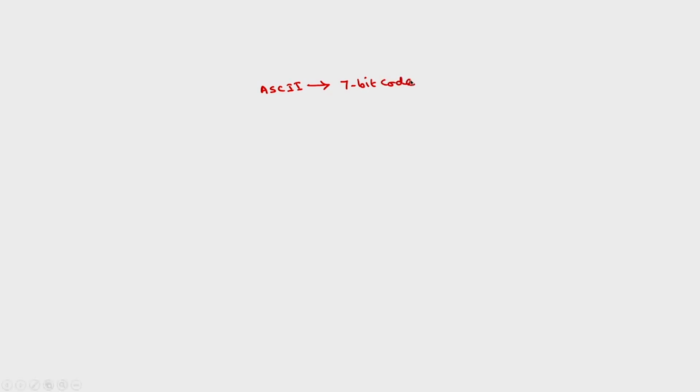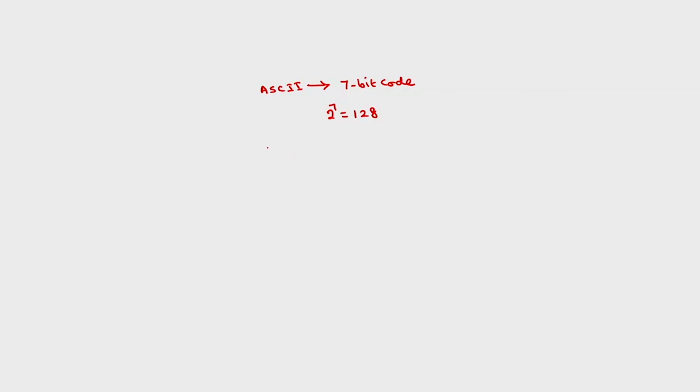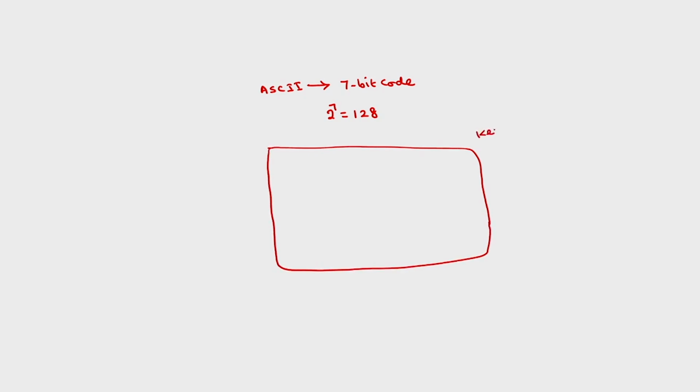We know that using 7 bits we can have 2 raised to the power of 7 combinations, which is equal to 128. Means if I use the ASCII code to code the keyboard, I can have 128 different keys.